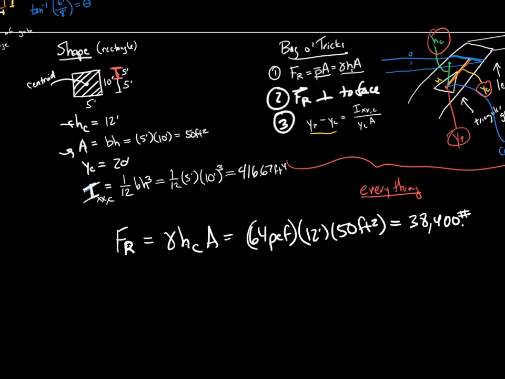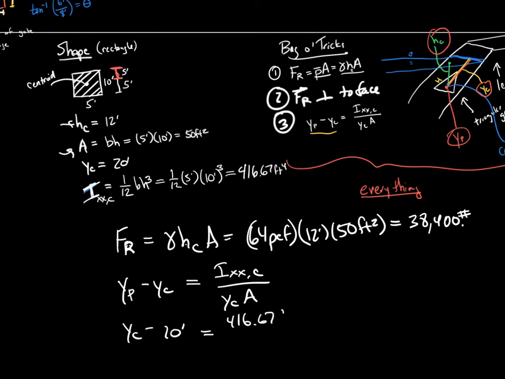So I'm going to say Y_P minus Y_C, I'll just follow the tricks of the trade here, equals I_xx,c over Y_C A. So Y_P minus Y_C in this case equals I_xx,c, 416.67 feet to the fourth, divided by Y_C, which is 20 feet, divided by the area, which is 50 square feet.